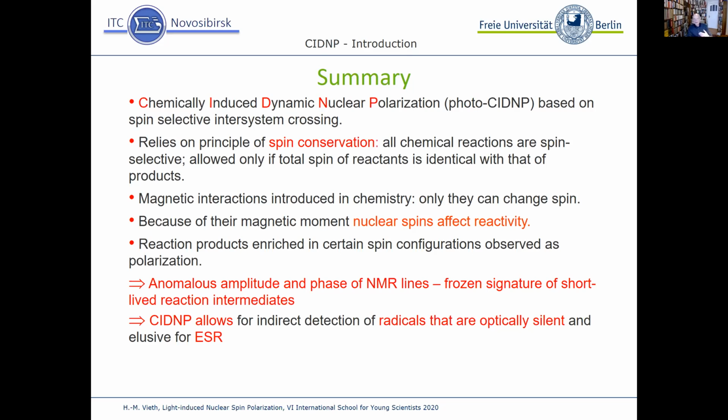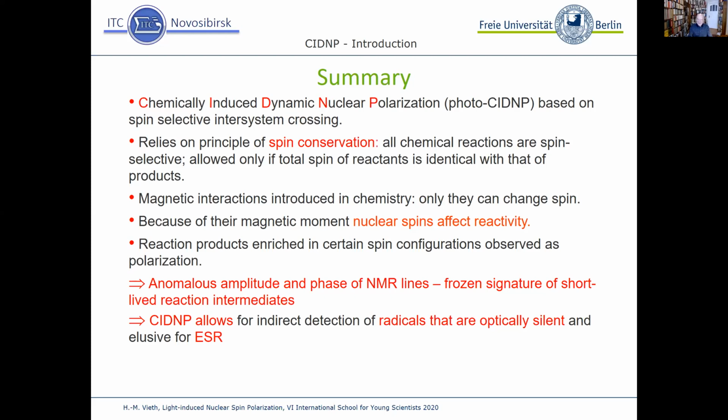We see some NMR lines enhanced, stronger or less strong, or we can also have negative NMR lines. And this, as we will see, is a frozen signature of the short-lived reaction intermediates.